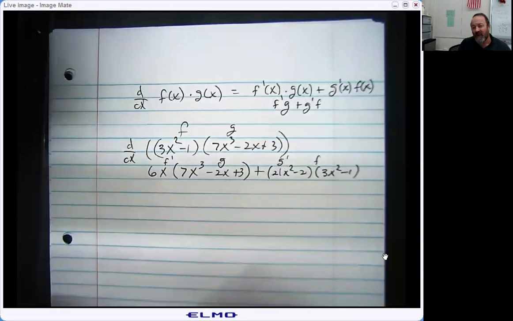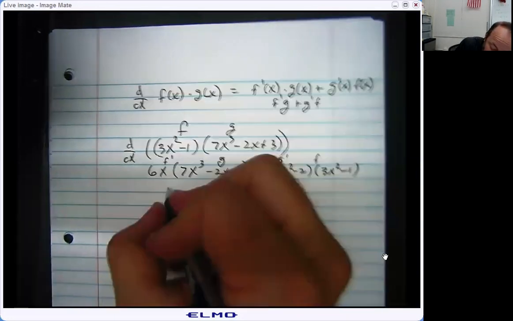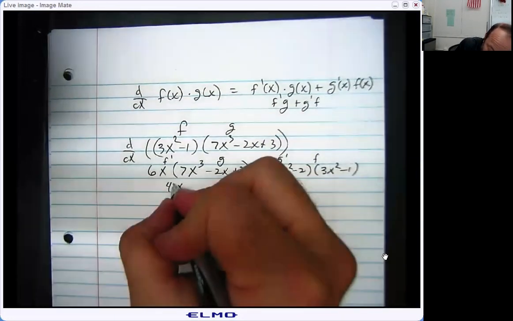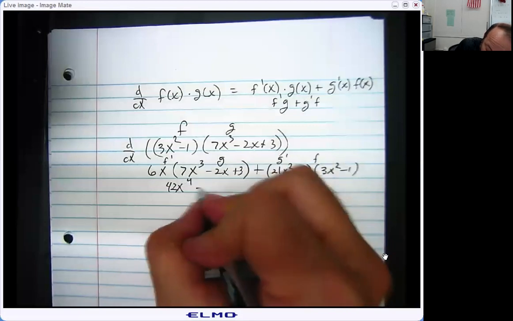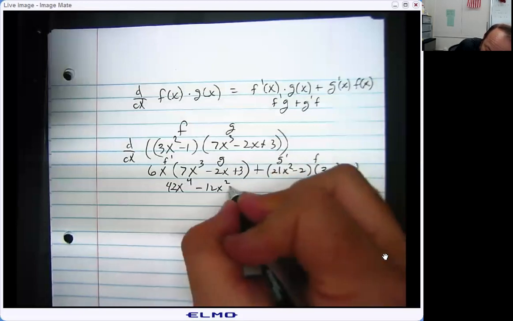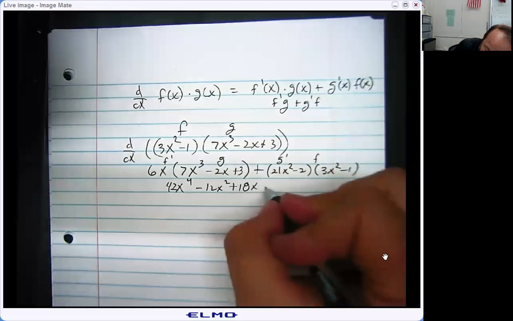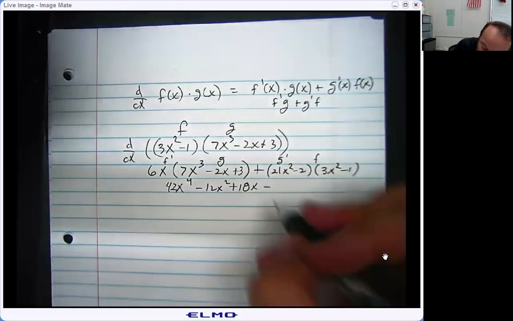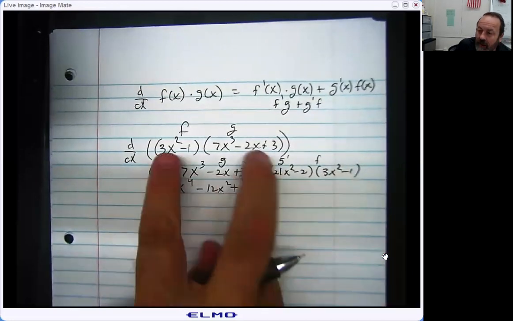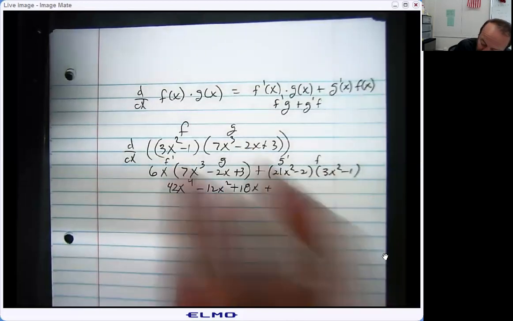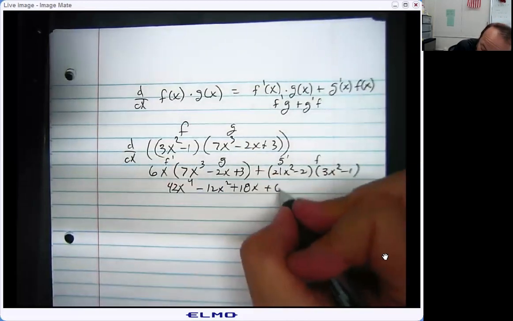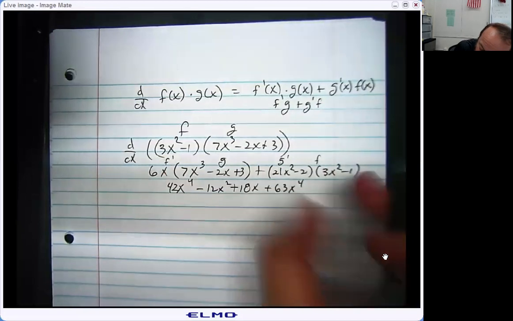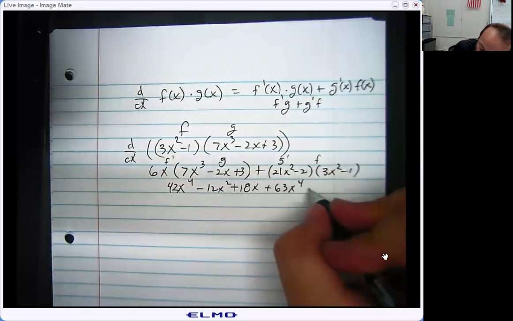Now, really what we're supposed to do is then clean this up a little bit, take the time to write 42x to the fourth minus 12x squared, 18x. Unfortunately, when you do the product rule on a polynomial, sometimes you end up creating a story for yourself that's a little bit harder than you wanted.